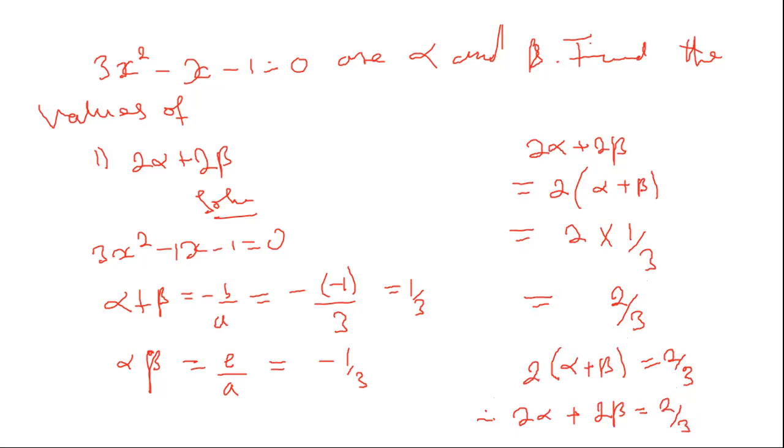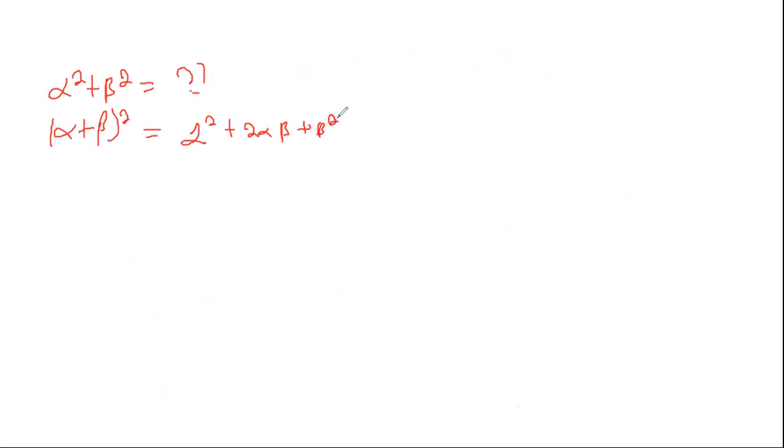So we can get another one. Another one would be alpha squared plus beta squared. We want it in a form where we have alpha plus beta and alpha times beta. We get it by expanding alpha plus beta squared. When we square, this is alpha squared plus 2 alpha beta plus beta squared.